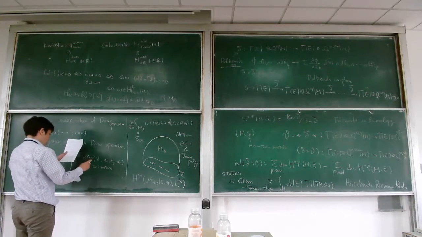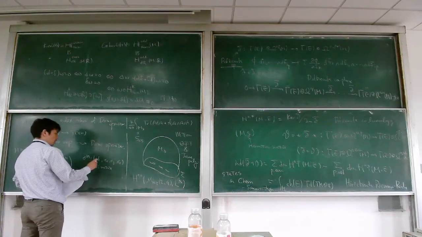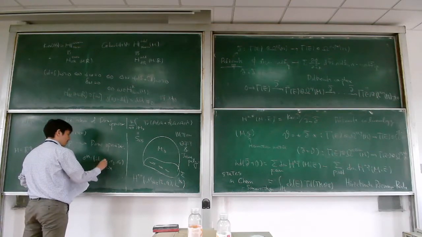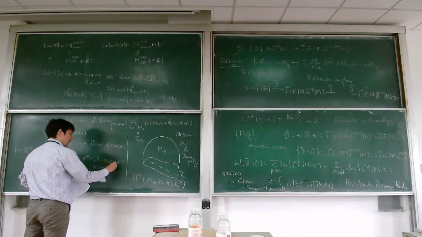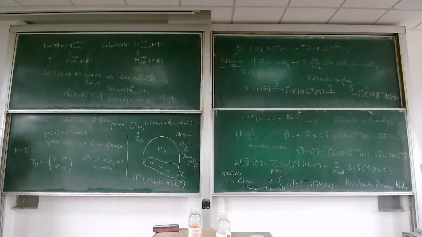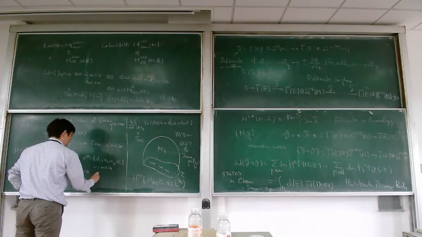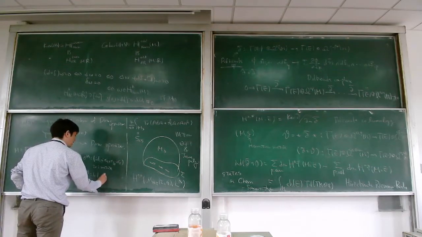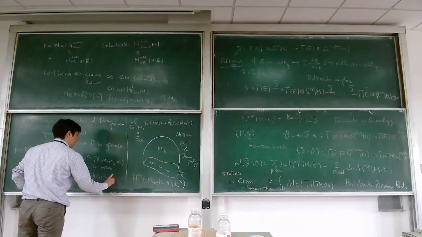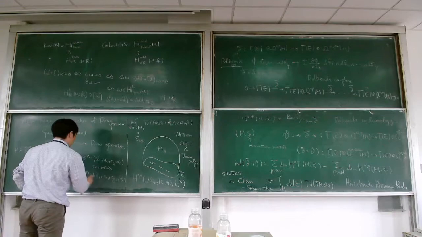Sorry, I told you wrong. Sigma mu is minus i times the Pauli matrices, and sigma bar mu is the identity, i sigma x, i sigma y, i sigma z.